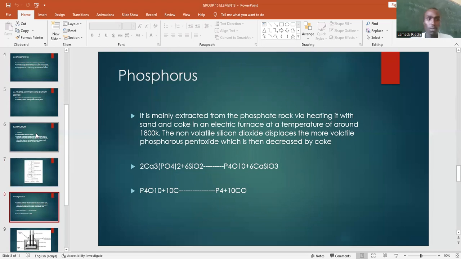And we will balance the equation here, which is calcium phosphate plus silicon dioxide to form phosphorus pentoxide plus calcium silicate. Then phosphorus pentoxide is reduced by the coke, which is carbon, to form phosphorus plus carbon monoxide.